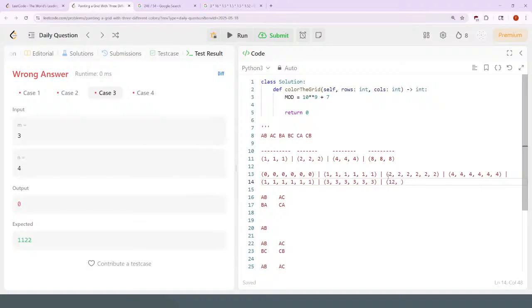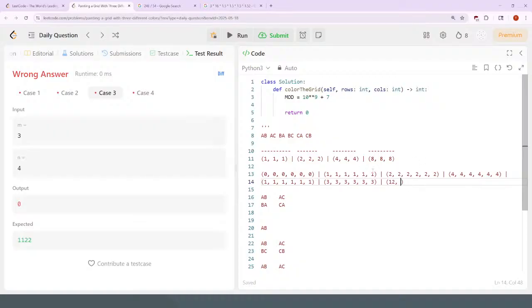But then it should be symmetric. Or it should not be symmetric. So if it's something like AC here, AC here, and AC here, or AB here.